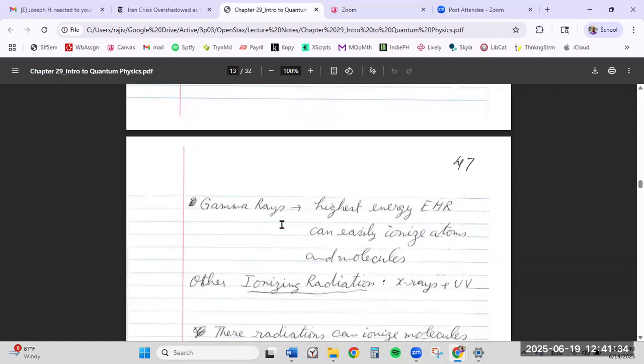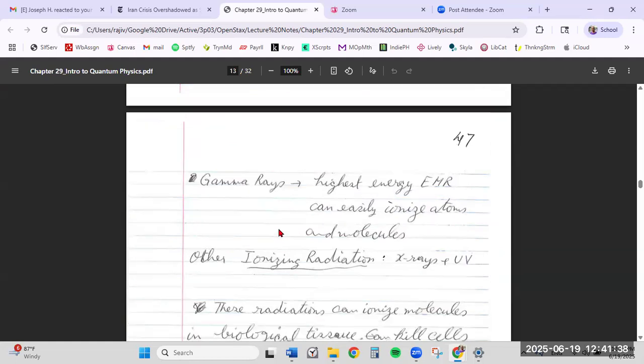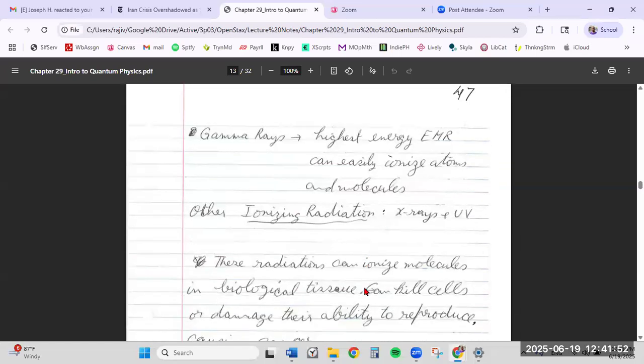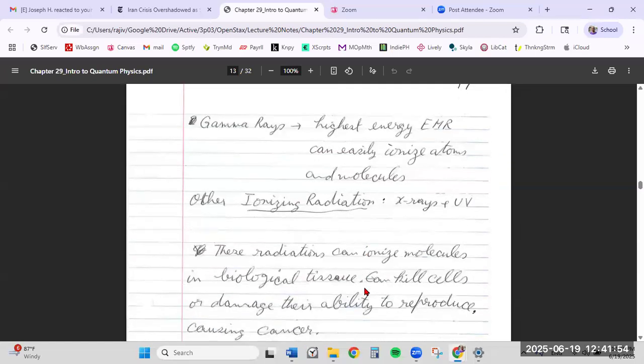One outcome of gamma rays having very high energy is that they can easily ionize atoms. If gamma rays collide with atoms, they can strike electrons out of the atom, meaning they can ionize them. Other smaller energy radiation is also able to ionize, not to the same extent, but to some extent.